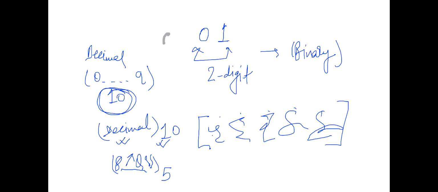And I have 5 unique digits, and you have to form any number with the help of only these 5 digits. So what will be the base of that representation? 5. Do you understand this? Likewise, here I have 10 digits in my hand to form a decimal number.